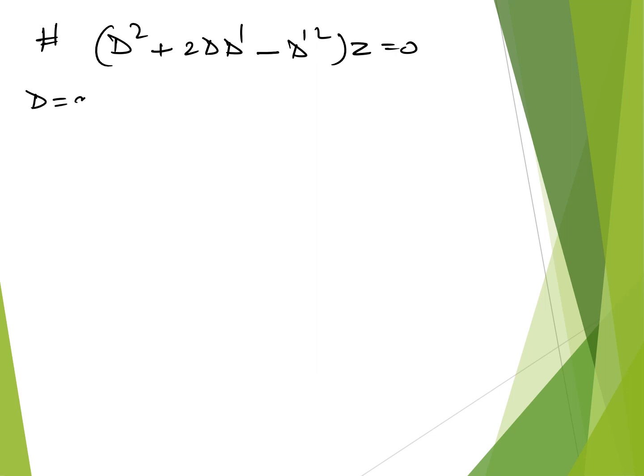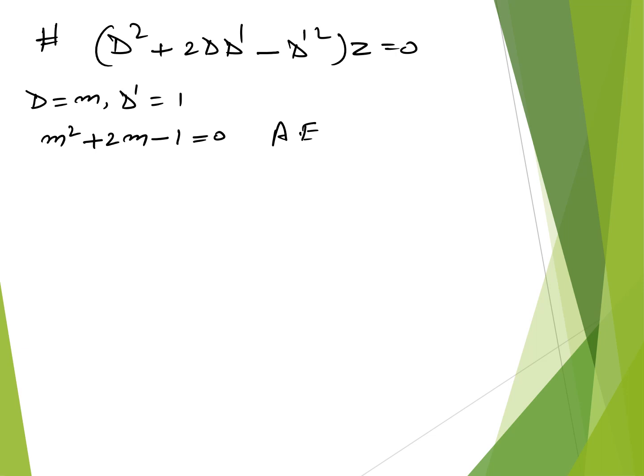If we have a question, D square plus 2D D dash minus D dash square of z is equal to 0, then to find the auxiliary equation we replace D by m and D dash by 1. We get m square plus 2m minus 1 equal to 0 as the auxiliary equation.